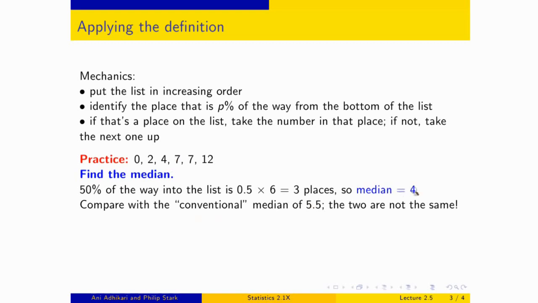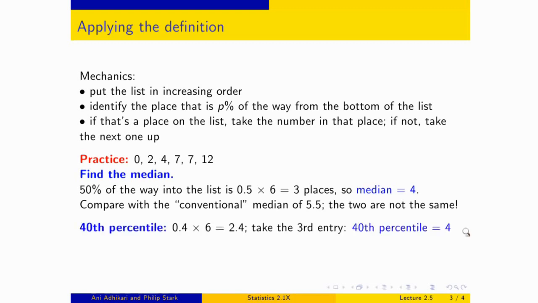The nice thing about it is that you can take it to the next example, which is find the 40th percentile. You do exactly the same thing. 0.4 of 6 is 2.4. So that's not the second entry, that's not the third entry. 2.4 is here. And so what do you do? Your rule says take the next one up, 4. The 40th percentile is also 4.